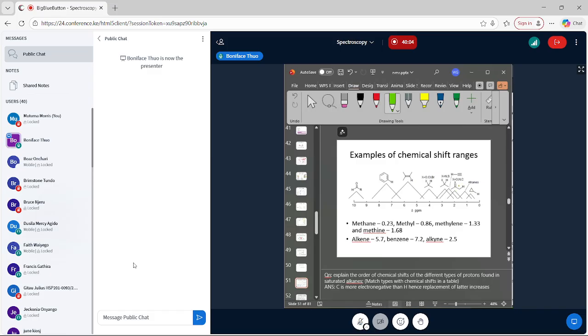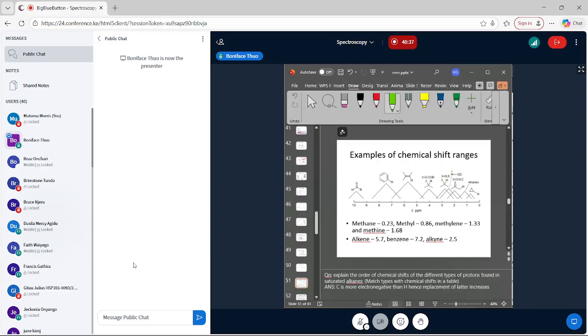So if you have a hydrogen attached to a methyl group attached to a carbonyl, for example, then you get the chemical shift increasing. When you have a hydroxyl group attached to the same carbon as the hydrogen, we also have that effect, resulting in an increase in chemical shift.